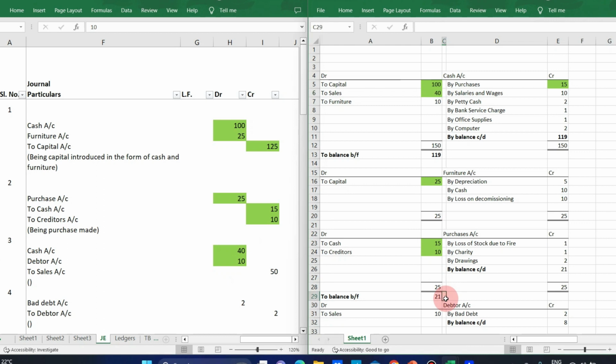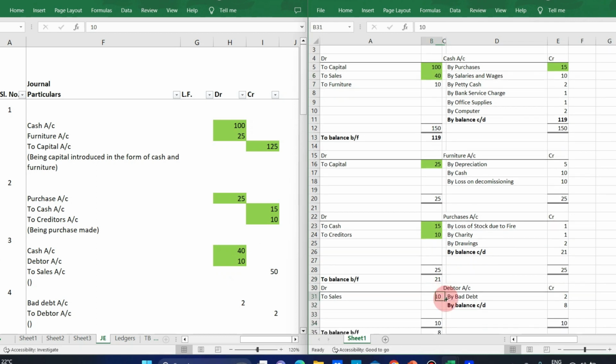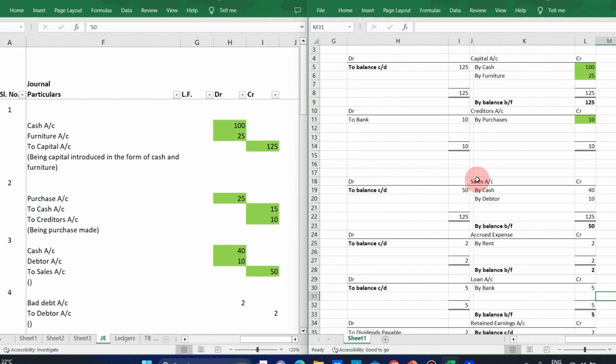We do have it here. So cash and debtor are being debited. All of this is being done against sales account. So let me just mark it first here. Sales will be credited against cash and debtor. So 40 is cash and debtor is 10.